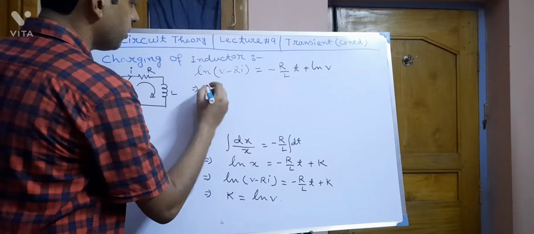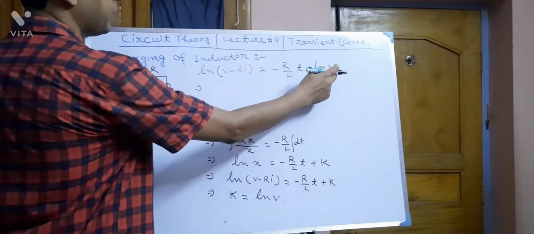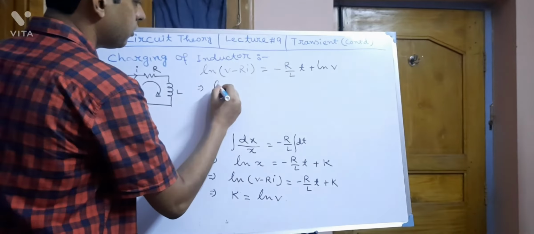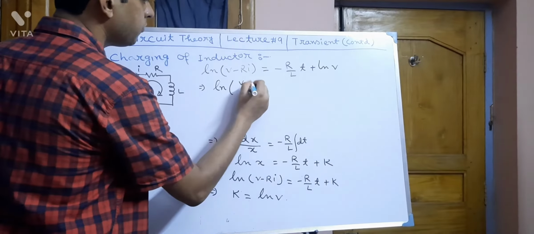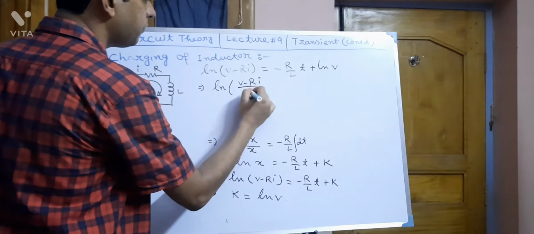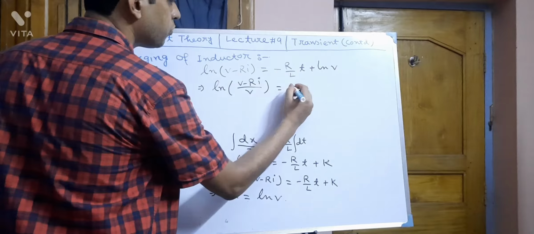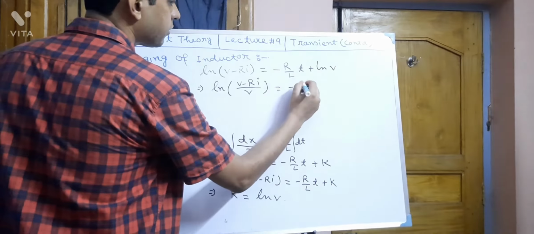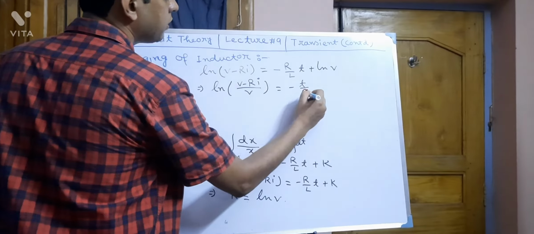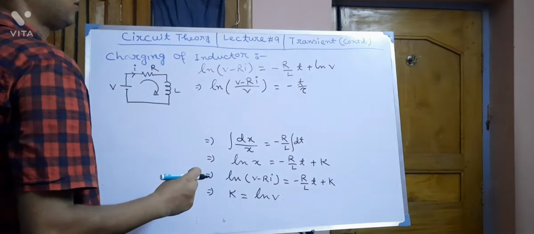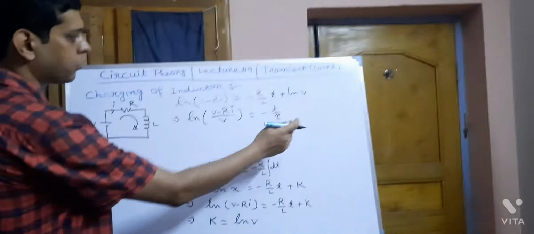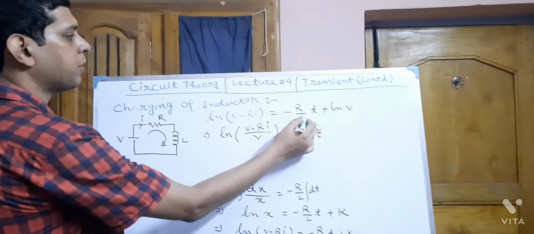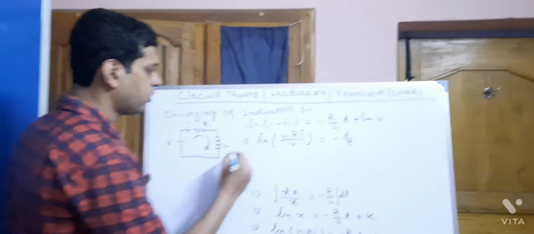So ln of v minus ri minus ln v equal to what? ln of v minus ri by v equal to minus r by l t. Let us not carry r by l throughout, so let us replace r by l equal to 1 by tau.